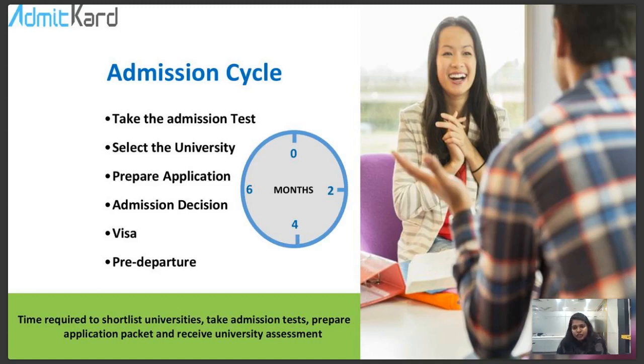An early action deadline is a deadline specifically related to the undergraduate applications through the portal. So whenever you apply through the portal, you have an option wherein you can apply for early action, wherein if you receive an admit from this university, then this university has to give you an offer on a priority basis.